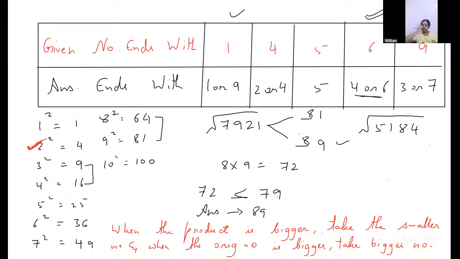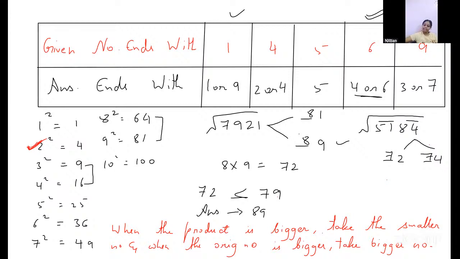Okay, now for 5184, the last digit 4 again will give 2 and 4. For 84. Then 51 is coming in between 49 and 64. So 7 and 7.